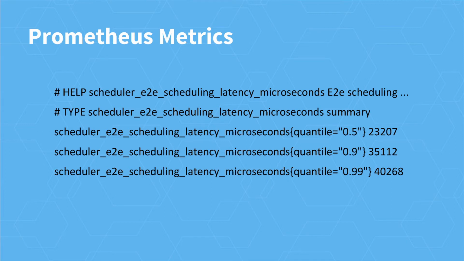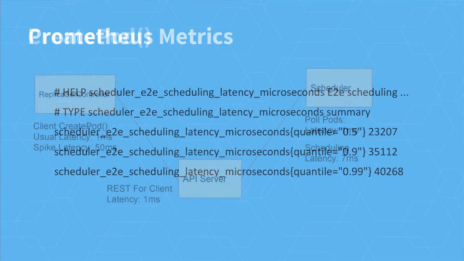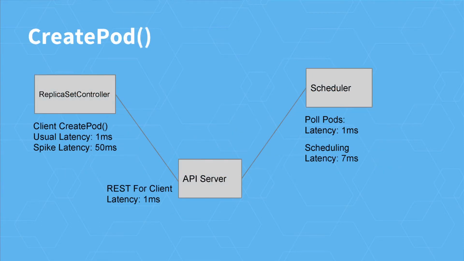Kubernetes uses Prometheus metrics, and here's what it looks like. Here's one example in a Kubernetes environment that we found previously. When it creates a pod, on the client the usual latency is 1 millisecond, but the spike latency goes up to 50 milliseconds.